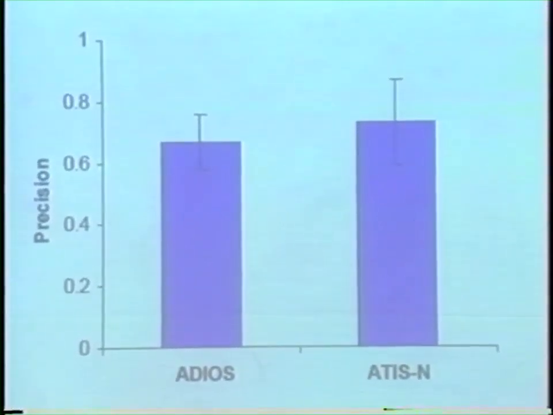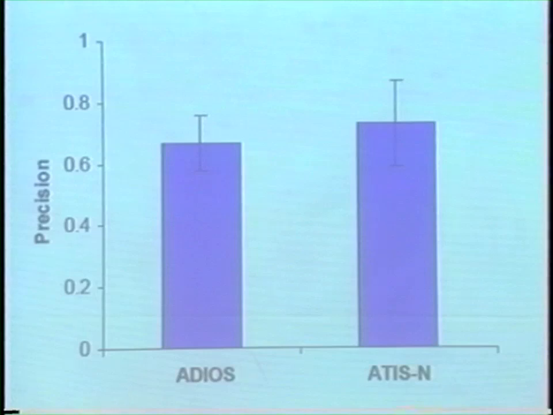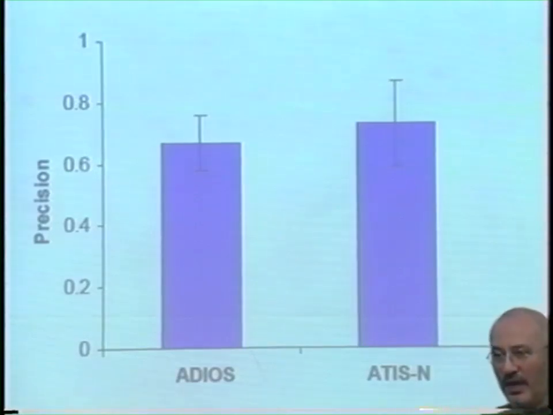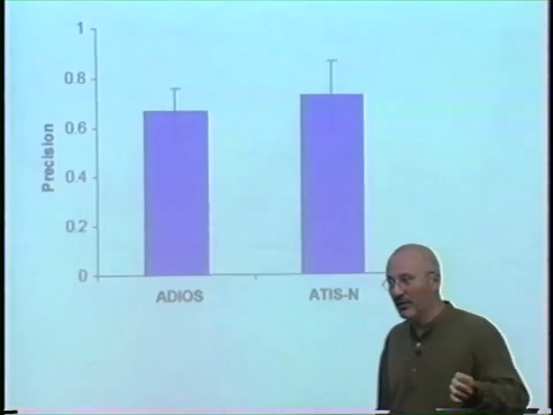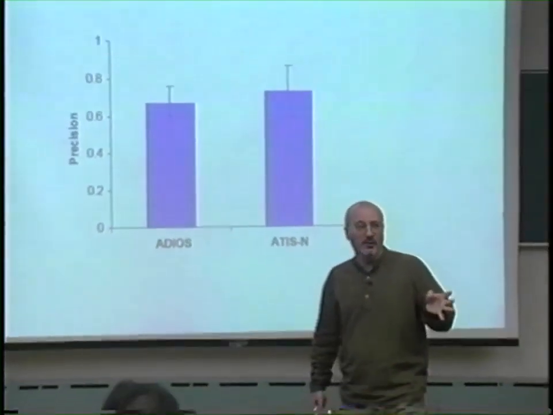This is this bar. Taking sentences generated by the grammar we learn from the ATIS natural language corpus, we get about the same level of acceptability. So subjects on average don't think, they don't know of course, that sentences generated by our representation are any worse or better than those in the actual ATIS corpus. Now, I'm sure that most of you realize that when you use the ATIS context-free grammar in a generative mode, you get basically junk out of the grammar.